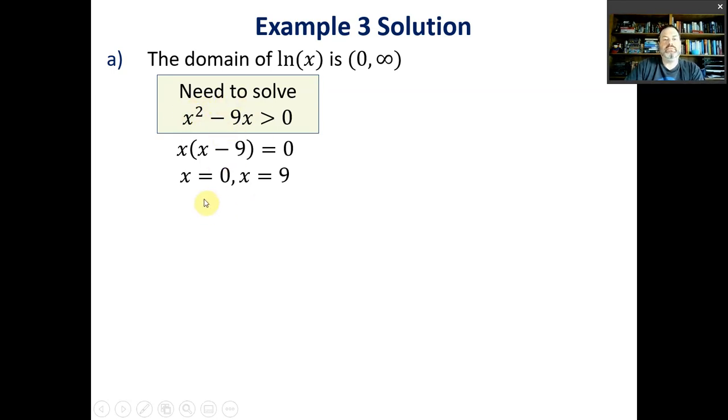So you either make a sign diagram or use test values. These are where this function is 0, or the factored version is 0. So remember, these zeros break up the inequalities into several regions. We have negative infinity to 0, 0 to 9, and 9 to infinity. So we want to know which of those three regions is positive.